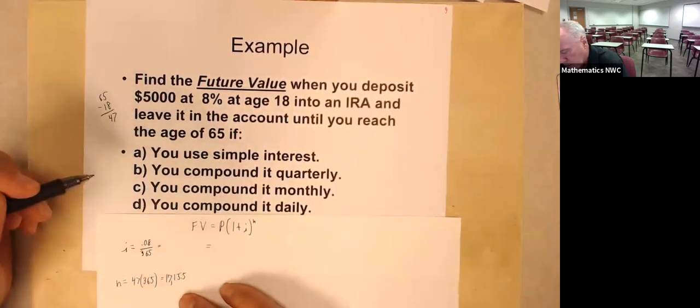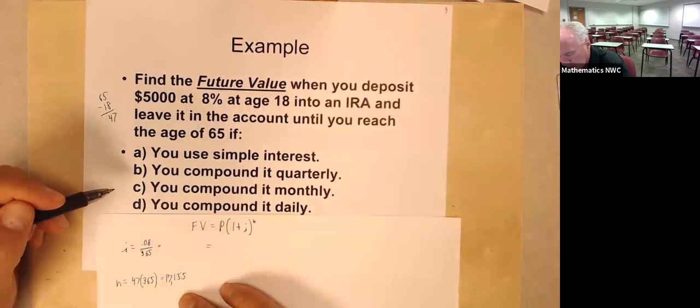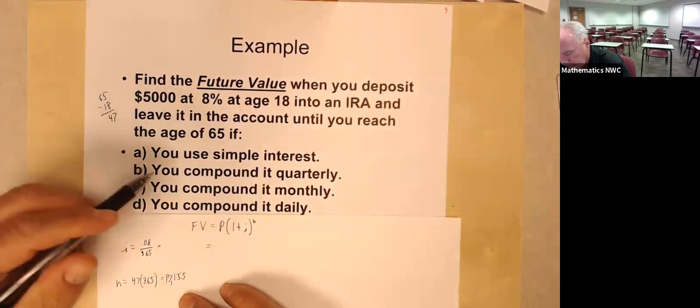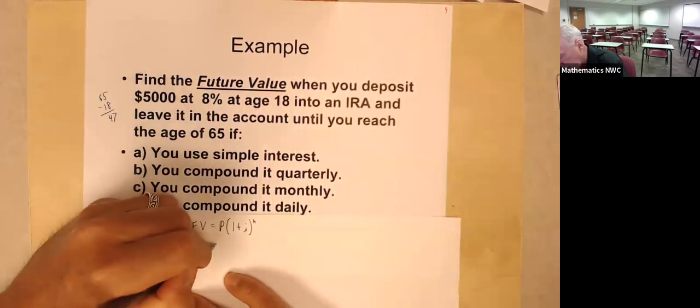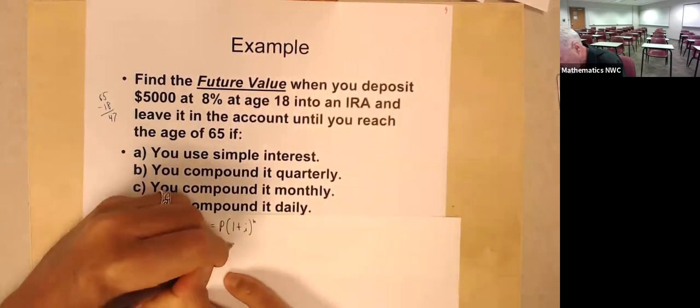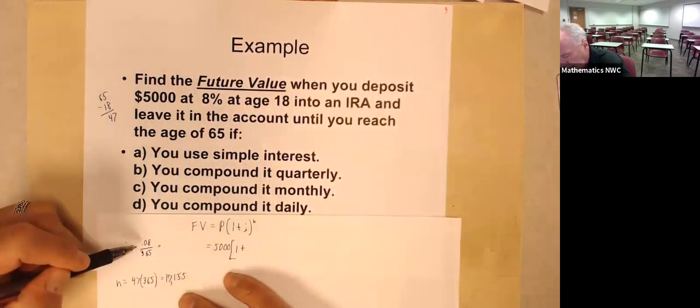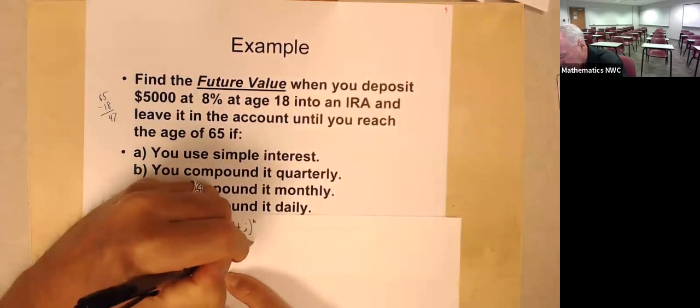I'm going to try and show you maybe the simplest method to do this all at once, okay? So let's put it in here once. My principal is 5,000. My I was 0.08 divided by 365.